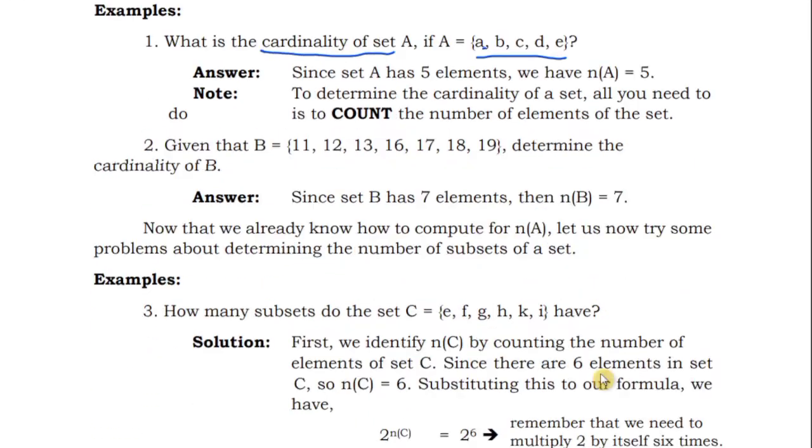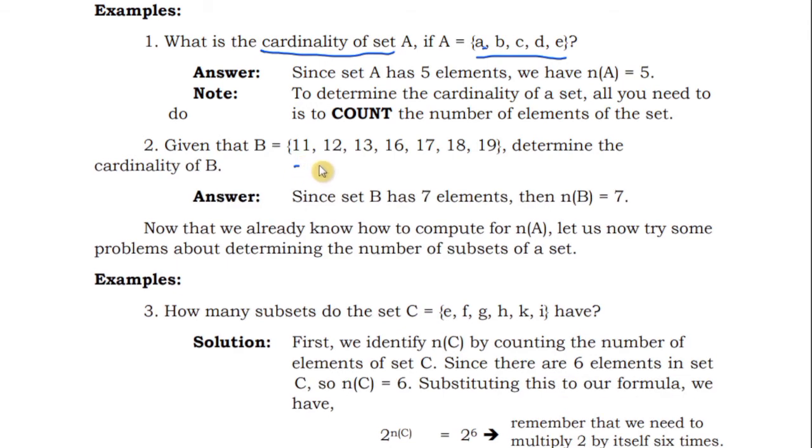We just count the elements. Counting the elements in set B for this example, we have 1, 2, 3, 4, 5, 6, 7, so the cardinality of set B is 7.